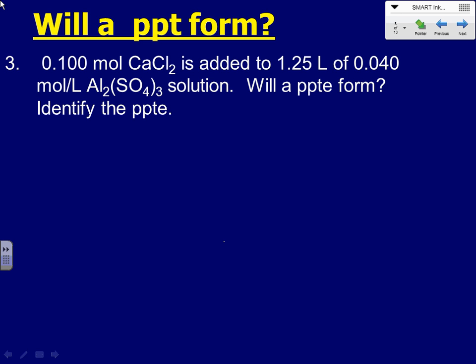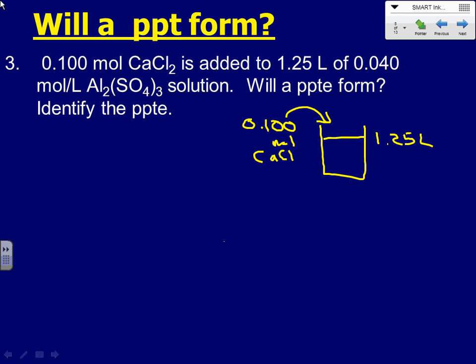So this one's a little different. The main difference is that we're imagining that we're just adding straight up moles to a solution. So we have 1.25 liters of solution, and we're just dumping in, it might even be a solid, 0.100 moles of calcium chloride. It's not moles per liter, we've just dumped it in, moles, solid.